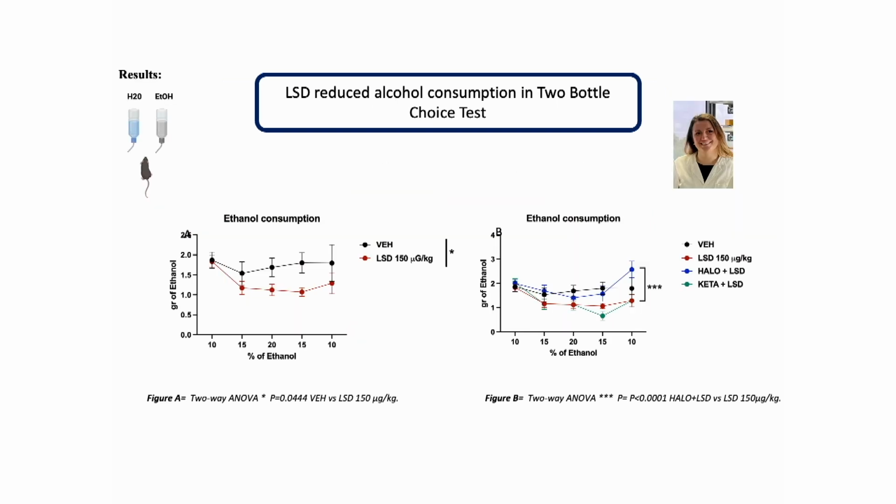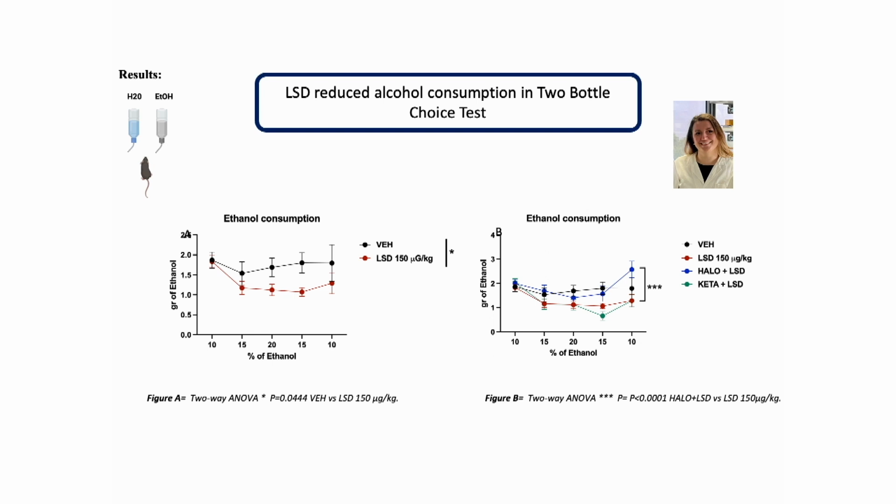So, thanks to my former postdoc, Carolina, who spent weeks and weeks in the lab trying to collect those data, what we found is that 1 single dose of LSD, 150 micrograms, reduced the alcohol consumption after 40 days, compared to vehicle.